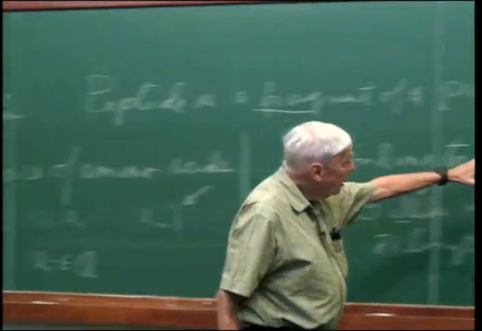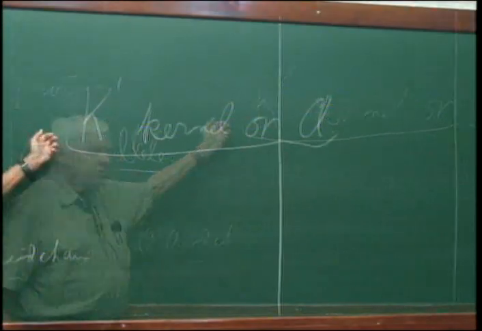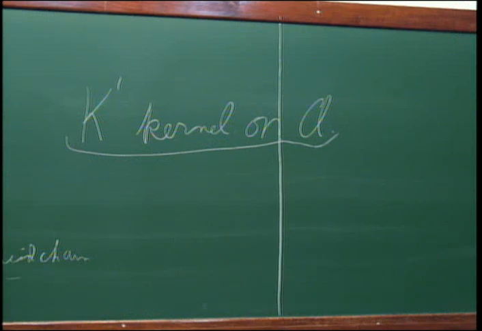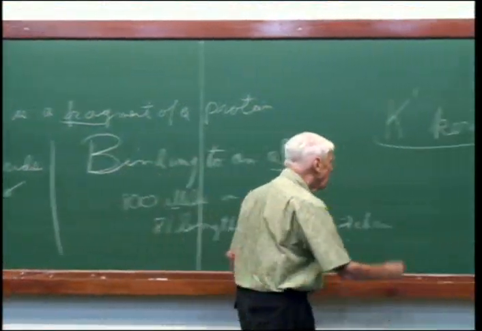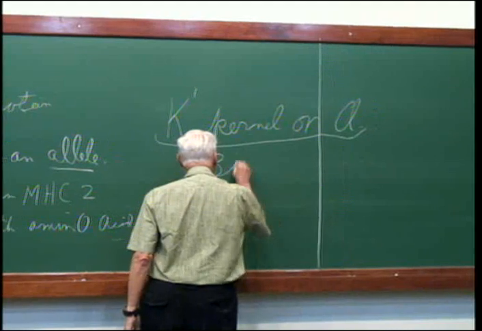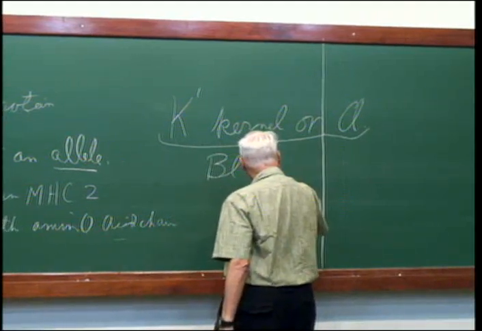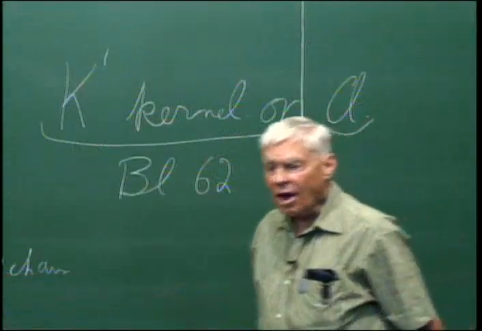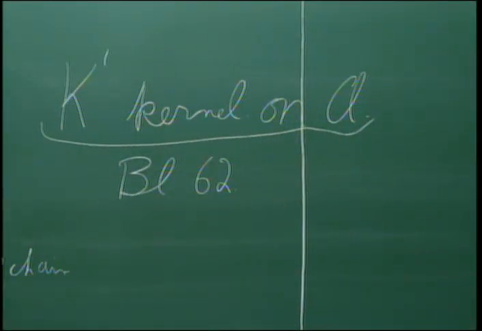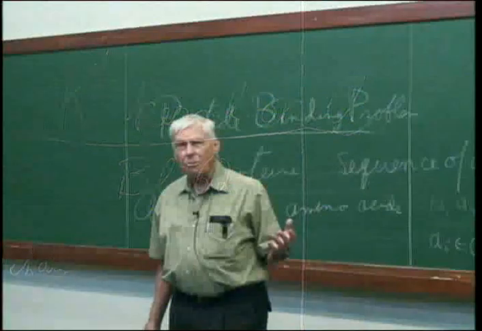There are well over 100 suggested kernels in the literature. Well over 100. And we spent some time trying to find which would be the best one for us. And the most common and probably the best one is Blossom 62. And I won't try to define it here, but what one does is it's a mind-boggling process. It goes from the data of all proteins. You look at all the big database of proteins called SCOP, S-C-O-P.